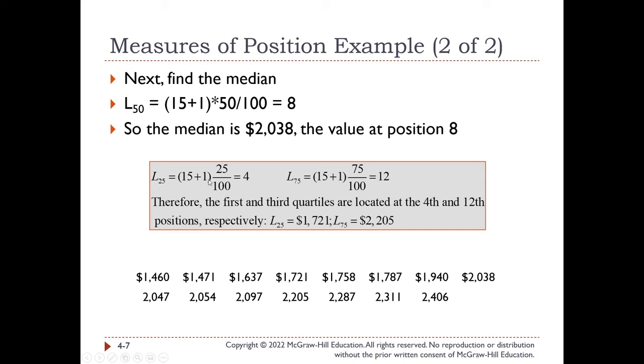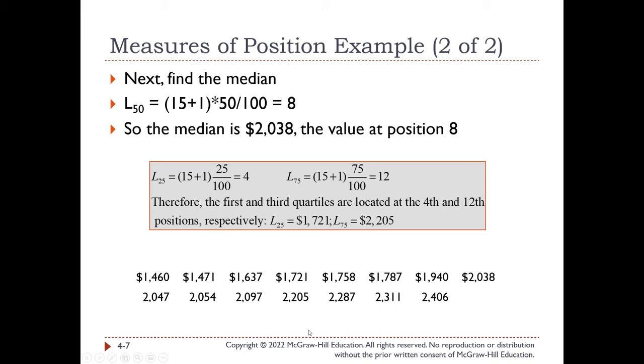Now, if I want to figure out the 25th percentile or quartile, we would look at 25. That's the 4th position, which is 1,721. And they're actually looking between the first and third quartiles.